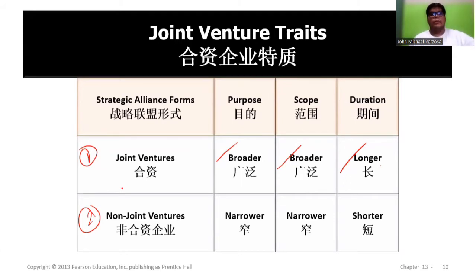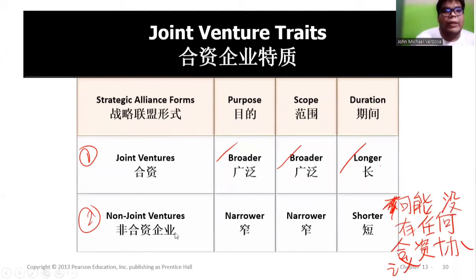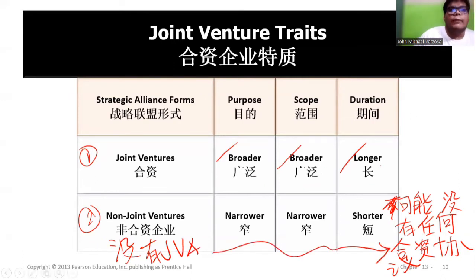It's possible for the non-joint ventures to have no JV. Because of that, the purpose and the scope, as you can see, is narrower and the duration is shorter. This is a huge contrast between the 2 different strategic alliance forms.